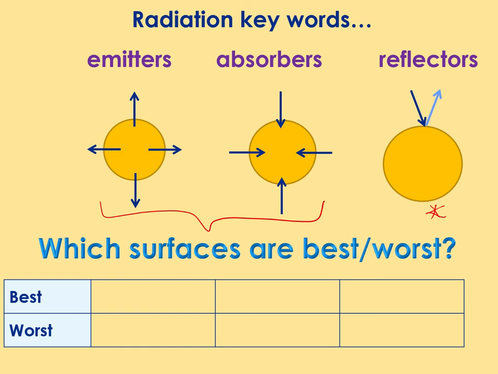So the best emitters are black and matte, as in not shiny, surfaces. The worst are shiny. In fact, I'm going to put these in the other order so that the colours are next to each other. White and shiny surfaces.